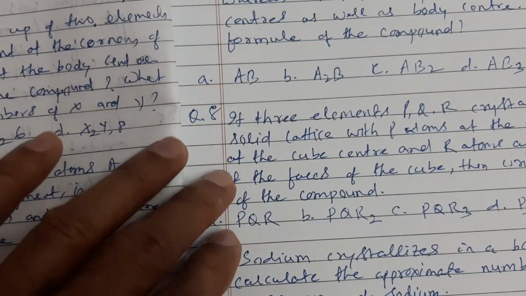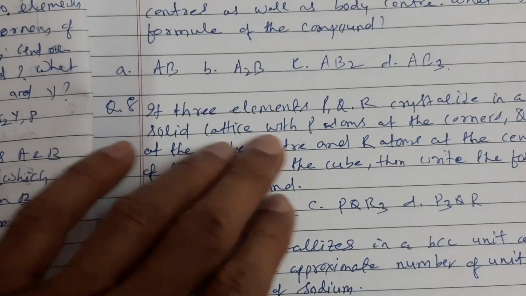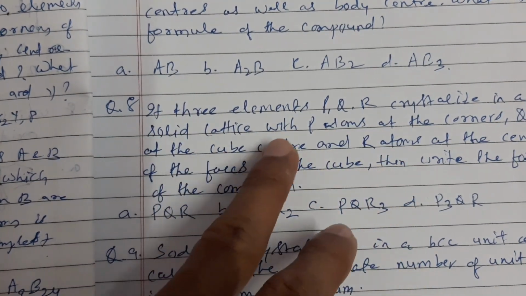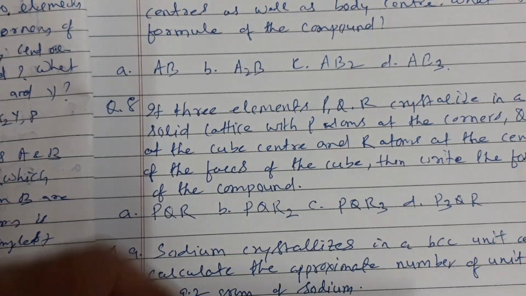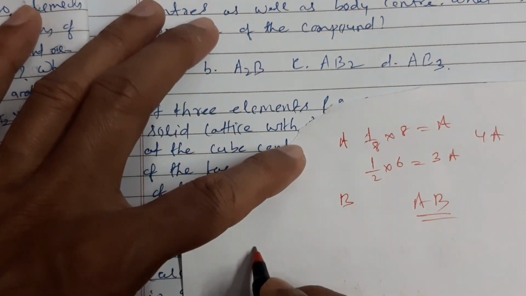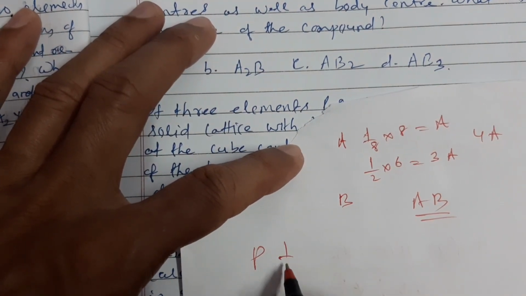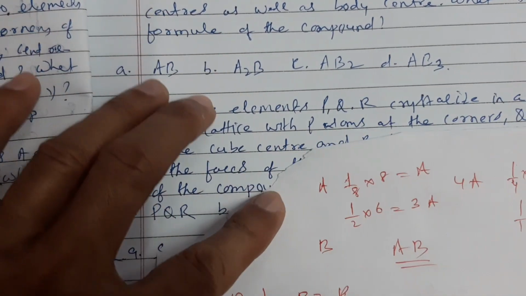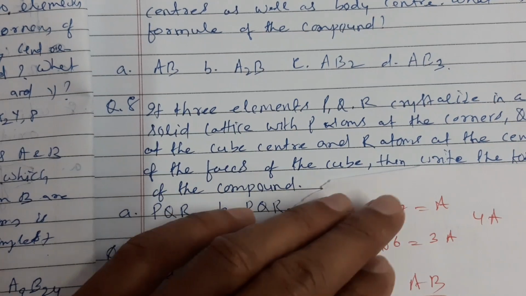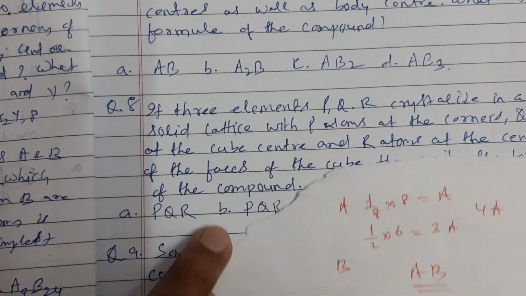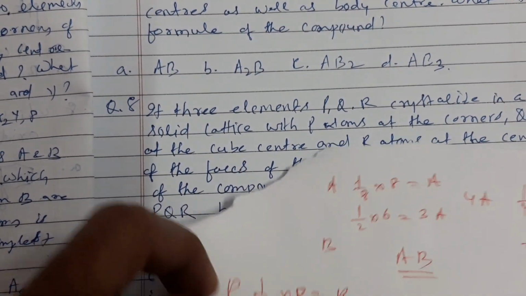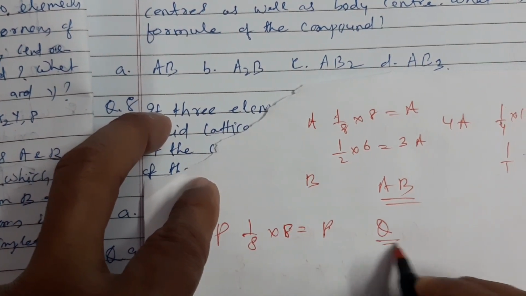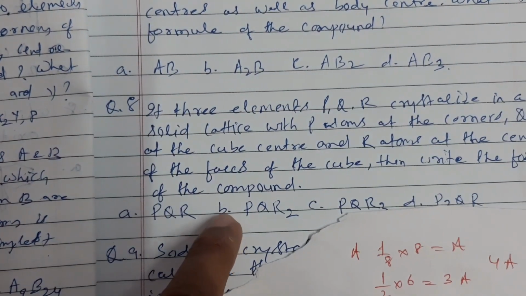Next, if 3 elements P, Q, R crystallize in a cubic solid lattice with P atoms at the corners, then 1 by 8 multiplied by 8 gives P. Q atoms are at the body center, so Q is 1.